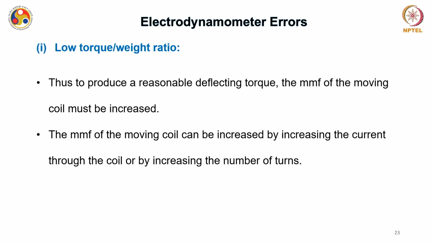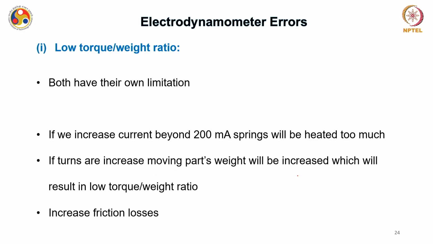The MMF of the moving coil can be increased by increasing the current through the coil or by increasing the number of turns. So two ways to increase the MMF. Both ways have their own limitations.